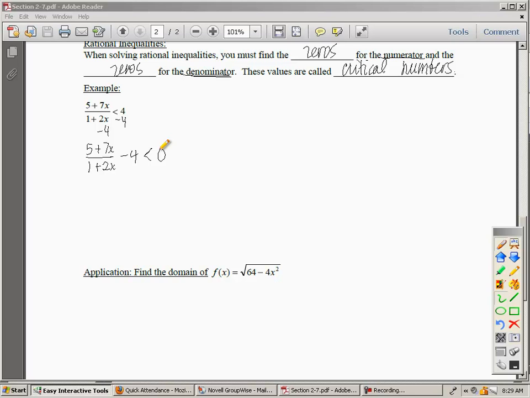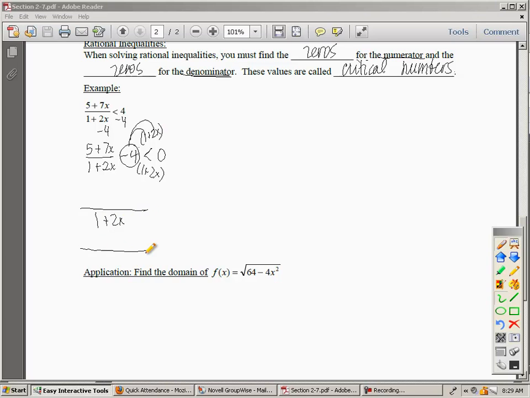Okay, but I can't find the zeros of the numerator and the denominator without having just one numerator and one denominator. And so what I'm going to do is make a common denominator. I'm going to multiply by 1 plus 2x on top and bottom. And when I distribute this, this negative 4 goes to the numerator. So I have something over 1 plus 2x.